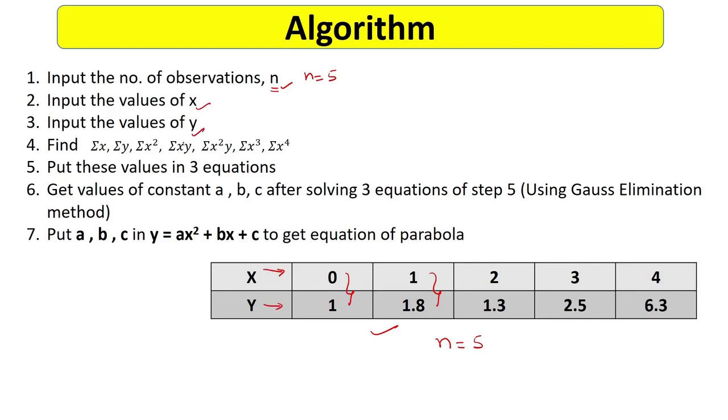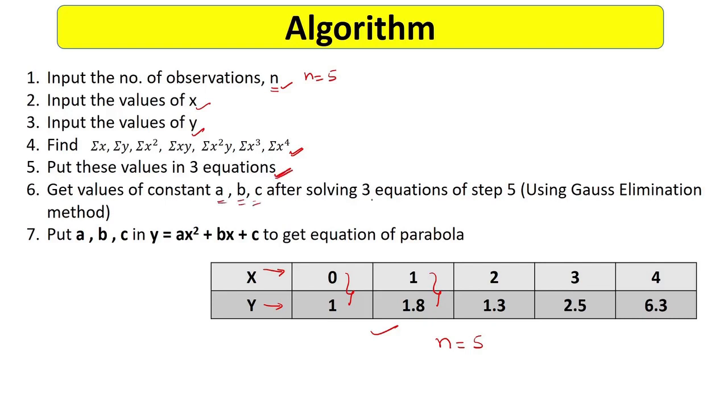Now after that, we have to find the various summation values. As we discussed, we have to find all these 7 summation values. And after finding these summation values, we have to put them in the 3 equations that we obtained. To find the values of a, b and c, we can solve these 3 equations.